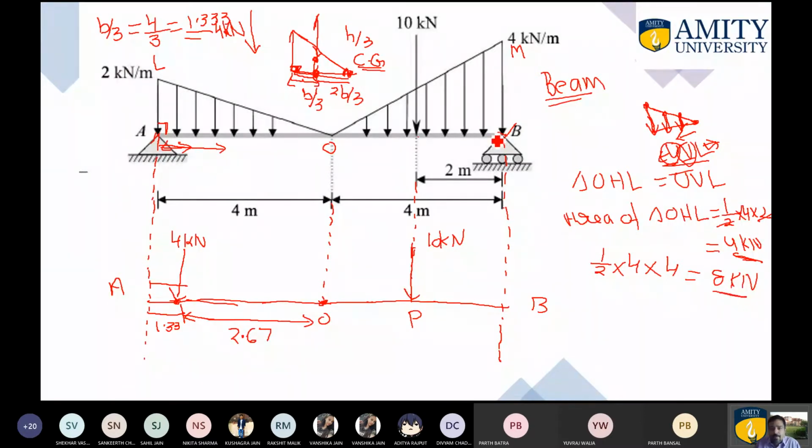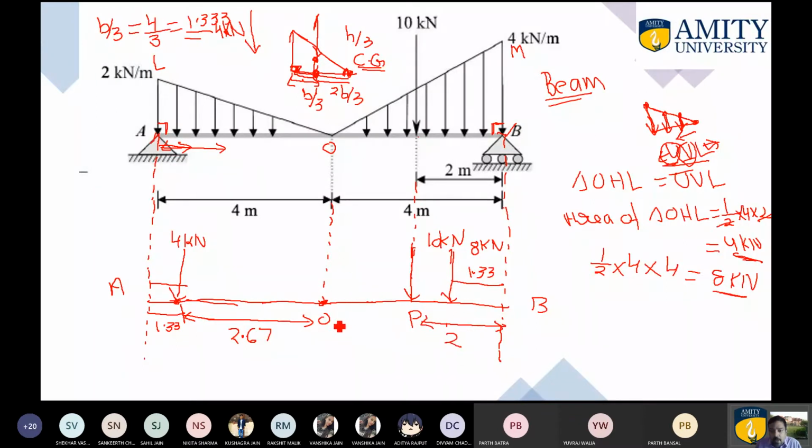Now the problem arises where? Again, this is the right angle. So from the right angle, you are required to move a distance which is base by 3. The base is the same, 4. So 4 by 3 will come out as 1.33. As this particular distance is 2, somewhere here you are required to apply this particular load which is 8 kilonewton, provided this particular distance is 1.33, and the total distance from here to here, as you can observe, is 2.